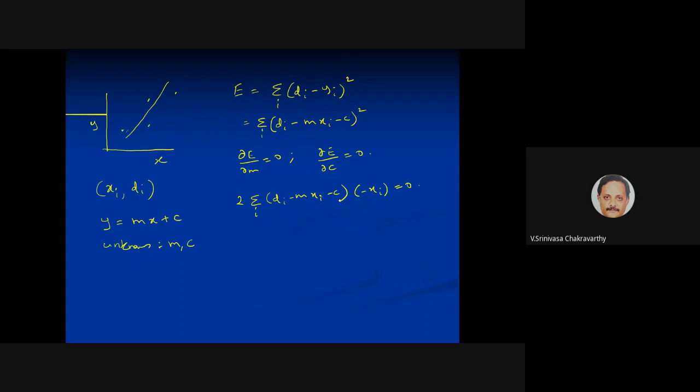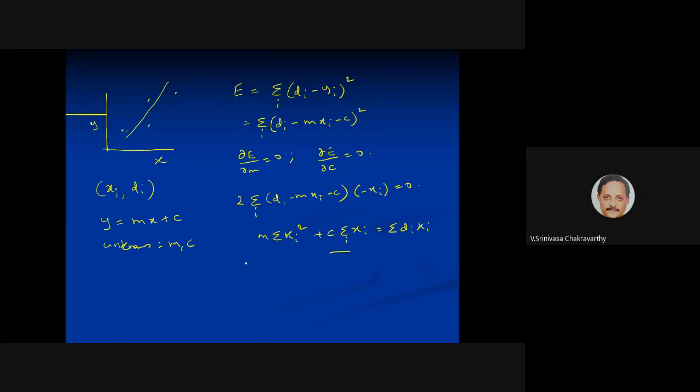If you take the unknowns to one side and the knowns to the other side, you get m, the 2 goes away, m times sigma xi square plus c times sigma xi is equal to sigma di xi. So this is one equation.